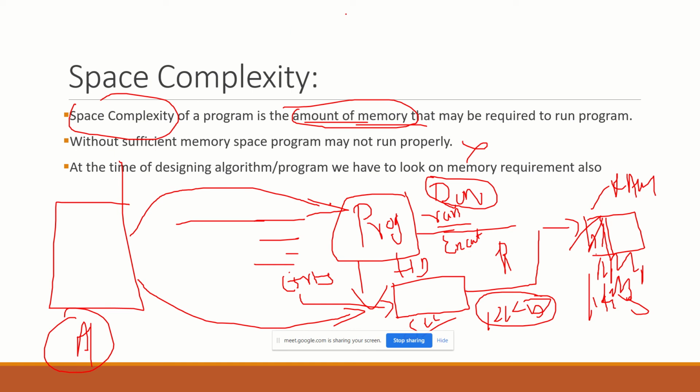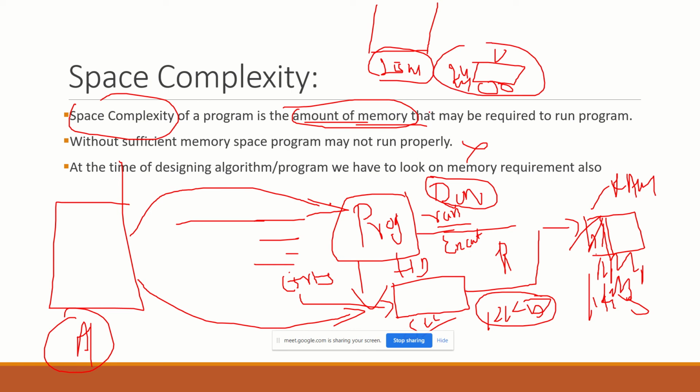Assume that we'll take an example. There is a space, assume that a 25-meter space is there, where you can park some vehicle. Its size is 24 meters. The size of the room is 25 meters, and your vehicle size is 24 meters.